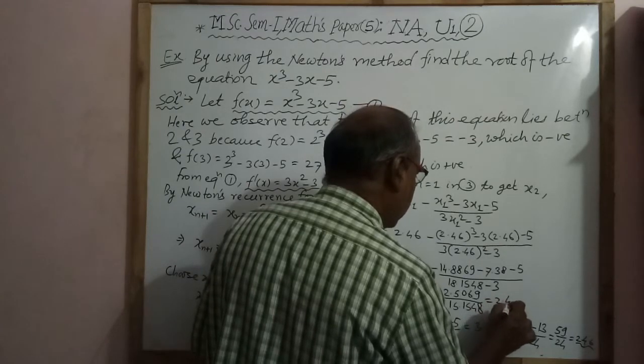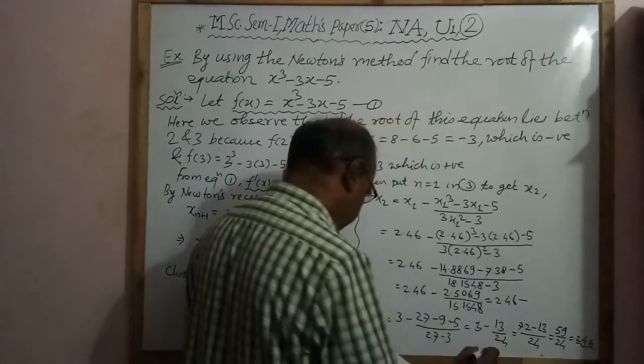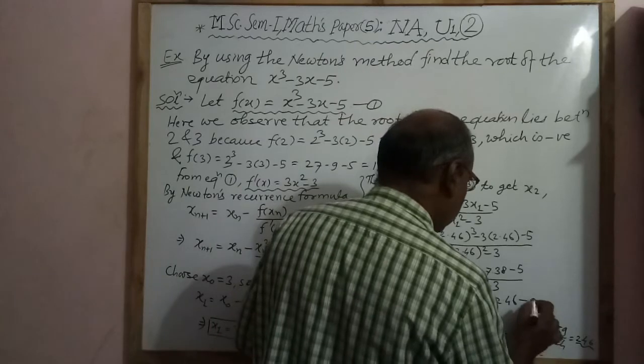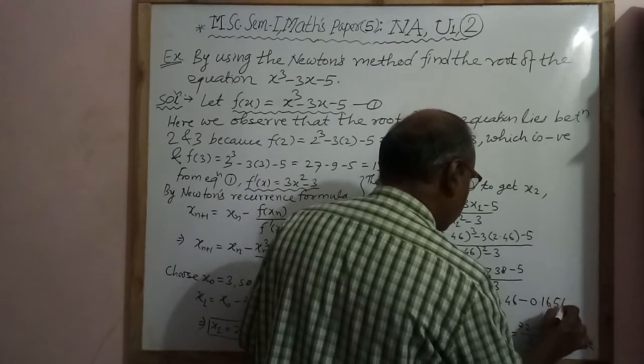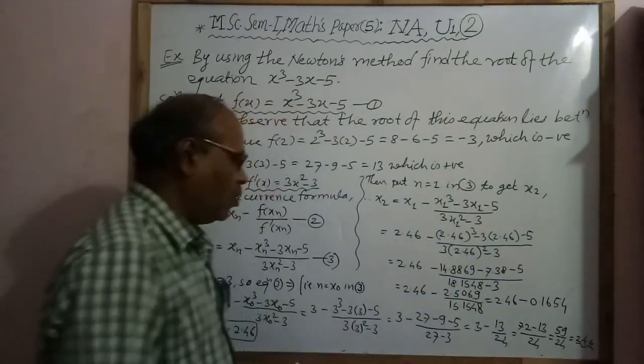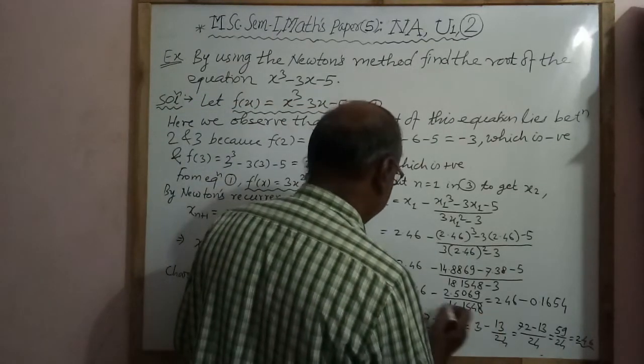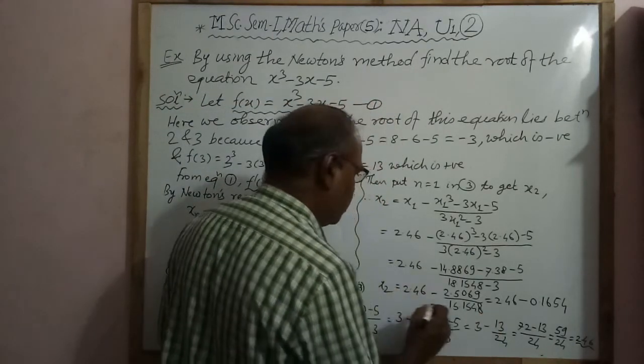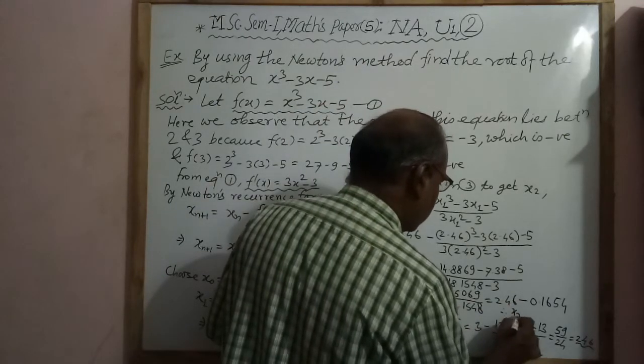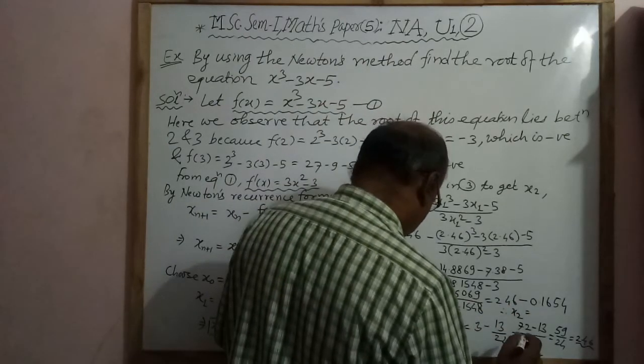That is 2.46 minus 0.1654. Therefore, x2 we get 2.295.